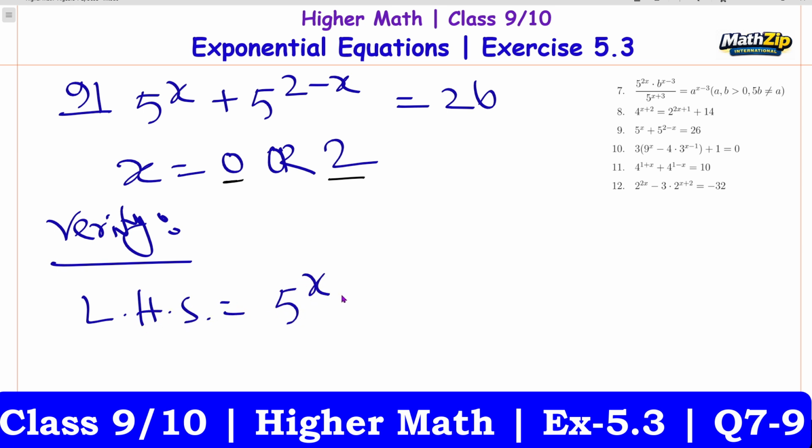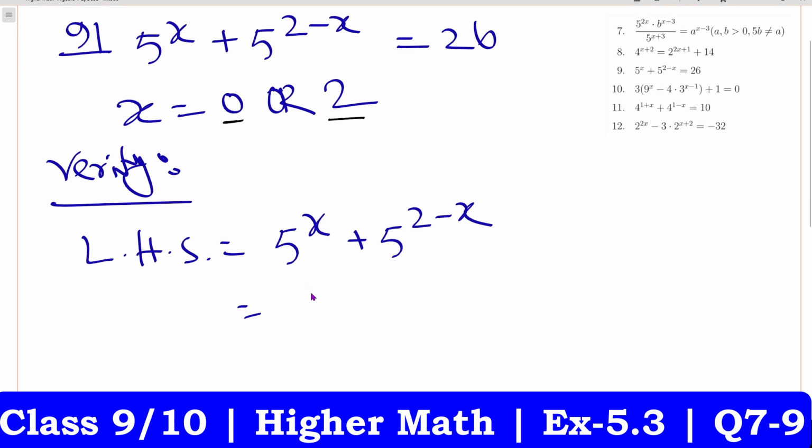Here is 5 to the power x plus 5 to the power 2 minus x. First we will put 0. So look, 5 to the power 0, and 5 to the power 2 minus 0. 5 to the power 0 means 1, because we know a to the power 0 is 1.